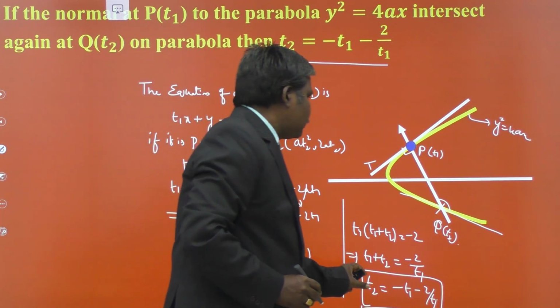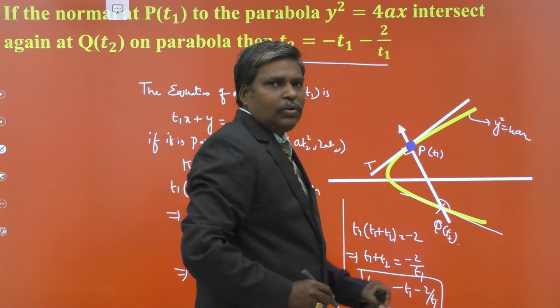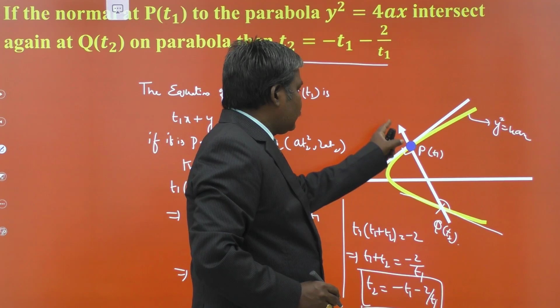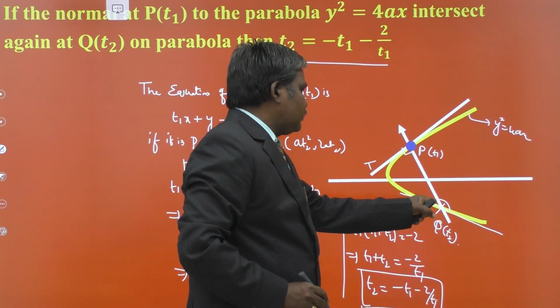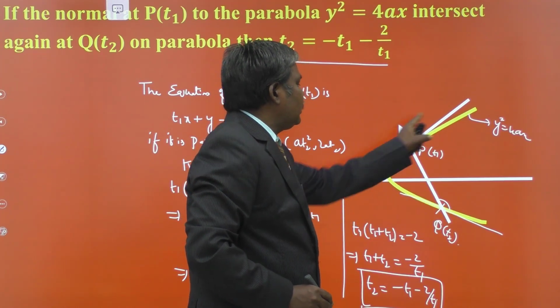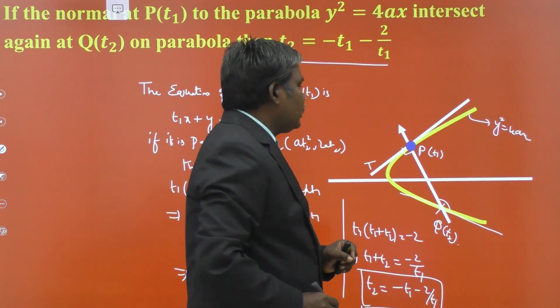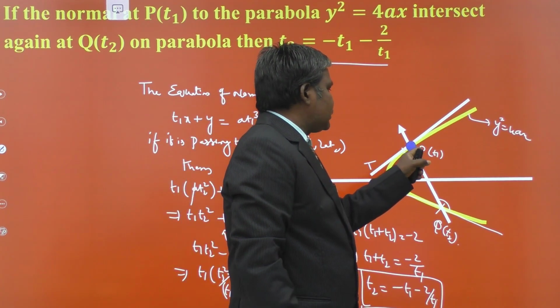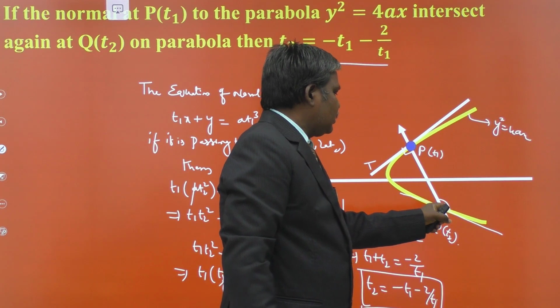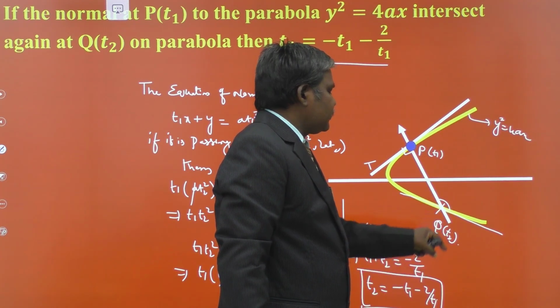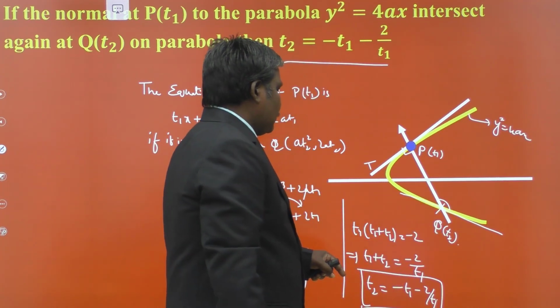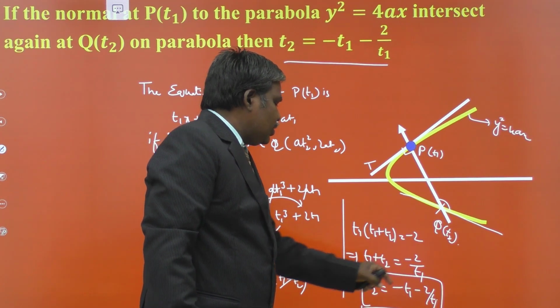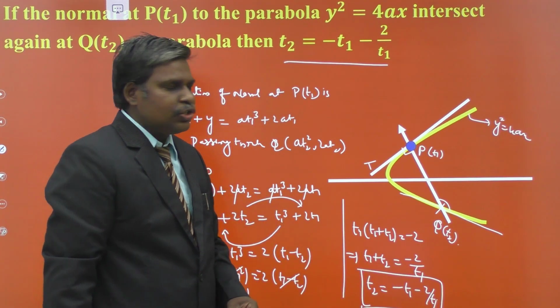With the help of this formula, we can find the coordinates of the point of intersection of the other end of the normal to the parabola. Suppose its coordinates are (at1^2, 2at1). Immediately we can find the coordinates of Q, that is (at2^2, 2at2), by using the relation t2 is equal to minus t1 minus 2 by t1.